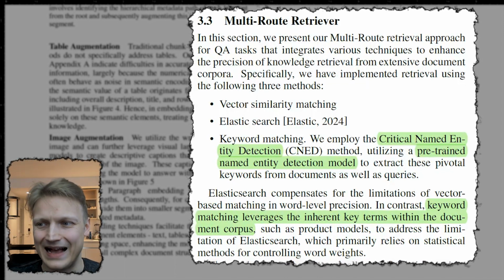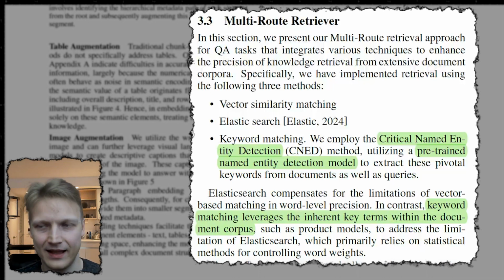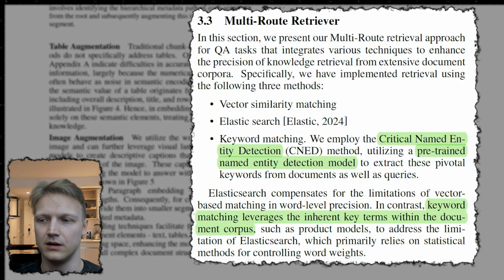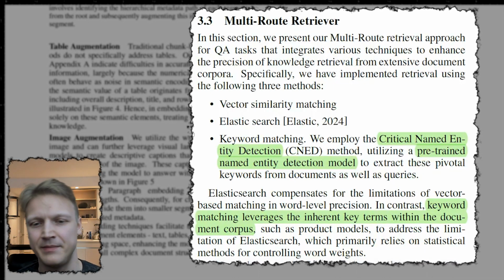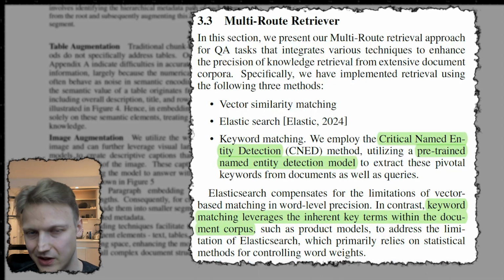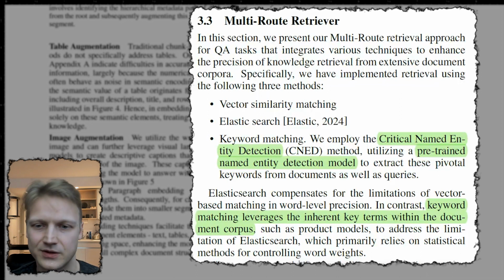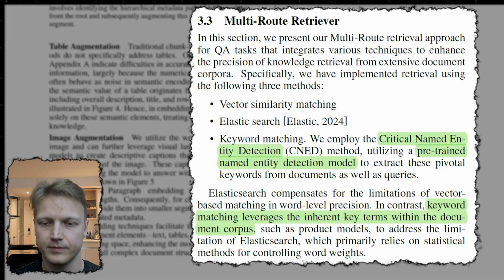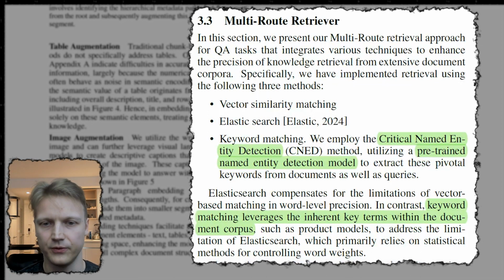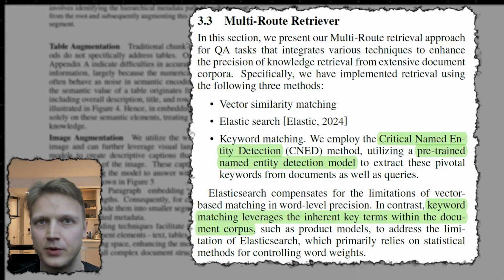Second one is Elasticsearch. That is to augment that method with a keyword-based search, because sometimes a requester, a user, doesn't express their thoughts using natural language, or fully trying to explain themselves. They just put a couple of keywords.